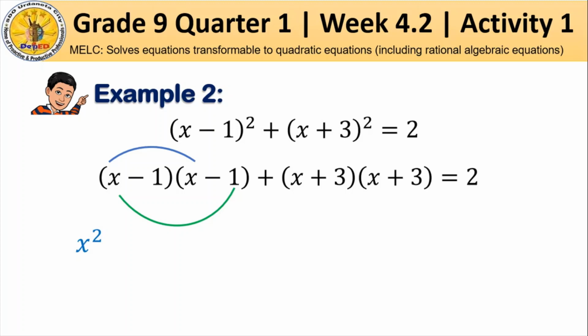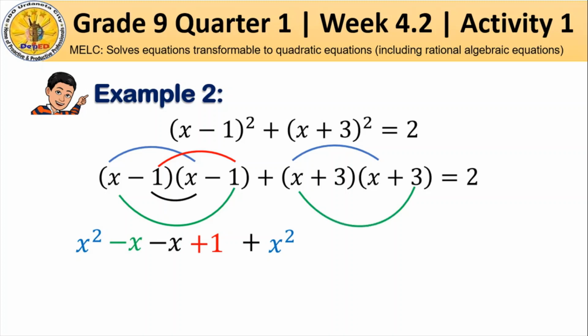X times negative 1 is negative x. Negative 1 times x, negative x. And negative 1 times negative 1, positive 1. Plus x times x, we have x squared. X times 3, 3x. 3 times x, that is 3x. And 3 times 3 is positive 9. That is equal to 2.